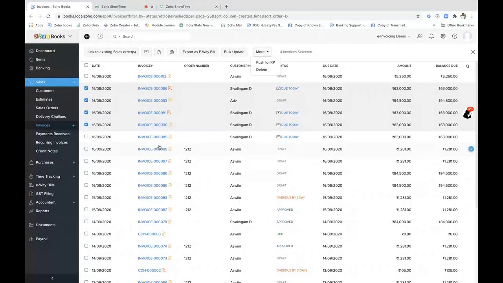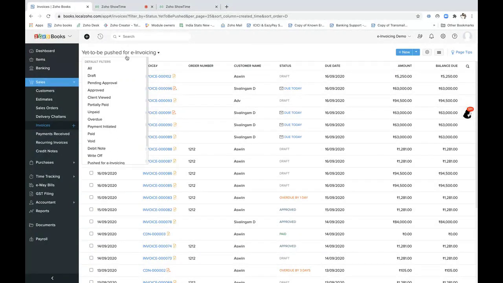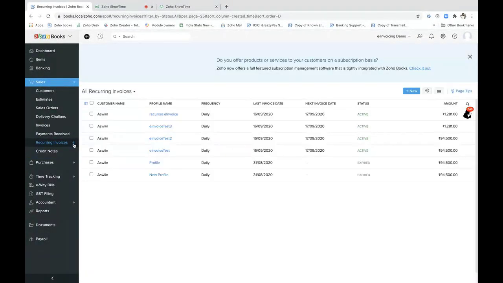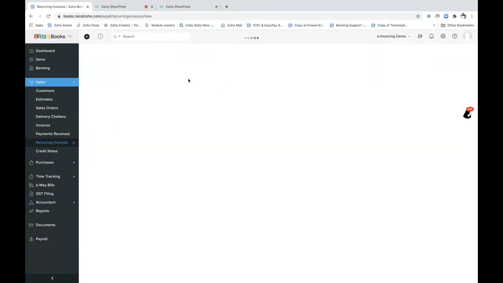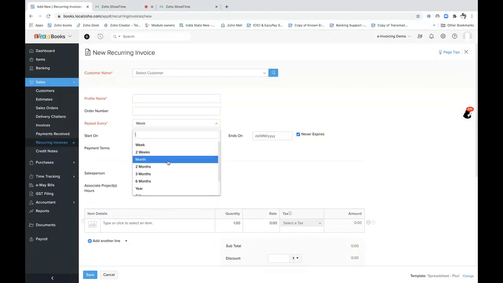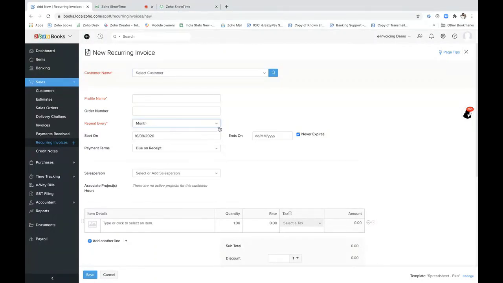Okay, so we have seen how to create an invoice and how to push it to the IRP portal. But now what if you have some recurring invoices, the sales which are going to happen on a regular basis? You just create a recurring invoice and set the frequency when this invoice has to repeat.